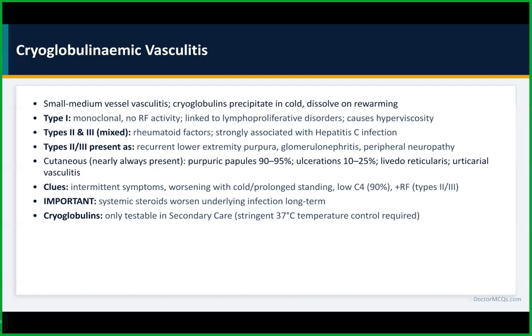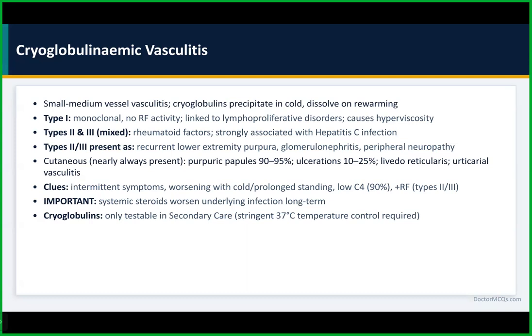Another classification is cryoglobulinemic vasculitis. As its name suggests, that is basically palpable purpura with some body aches or joint pains, also having peripheral neuropathy or some renal disease in a patient with cryoglobulins. It is mostly associated with hepatitis C virus or any autoimmune disease.